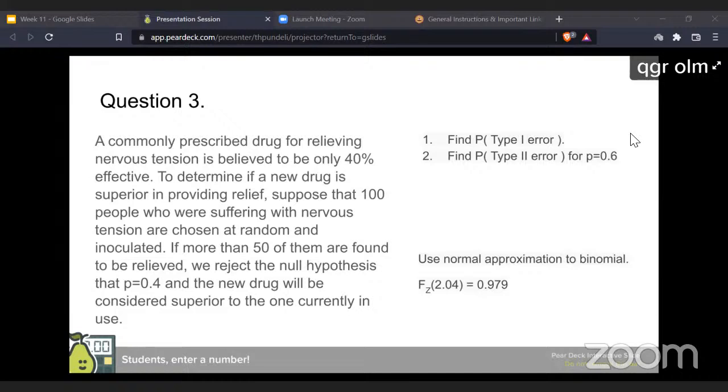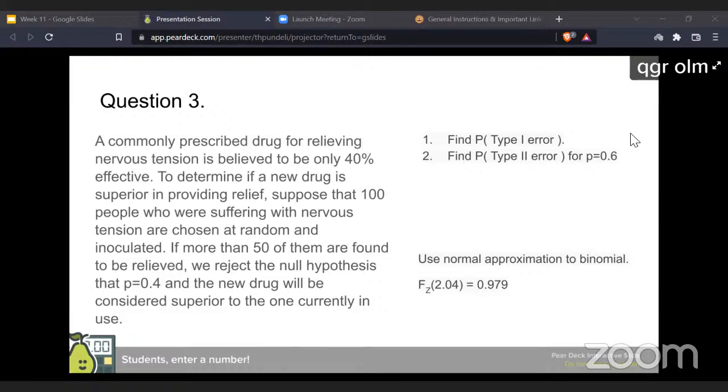We are writing our P to be 0.4, and we want to check whether the new drug is better than the previous one. The previous one was only 40%. So we want our new drug to be more than 40%. We don't want it to be greater than 50%.